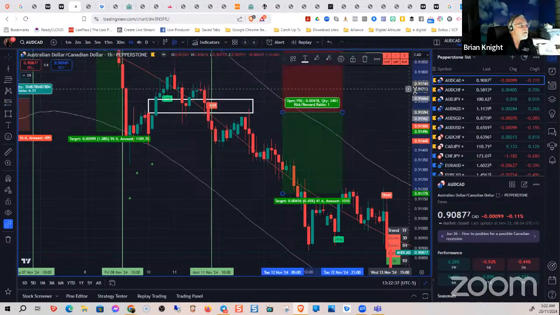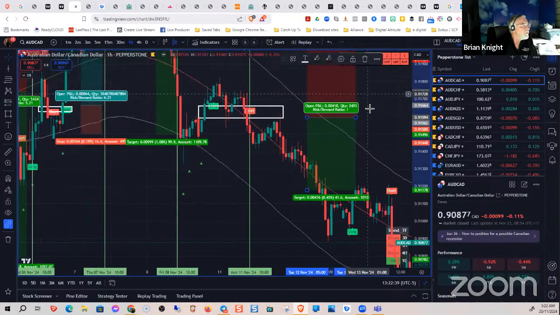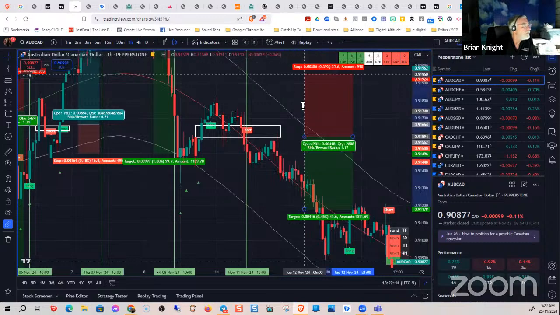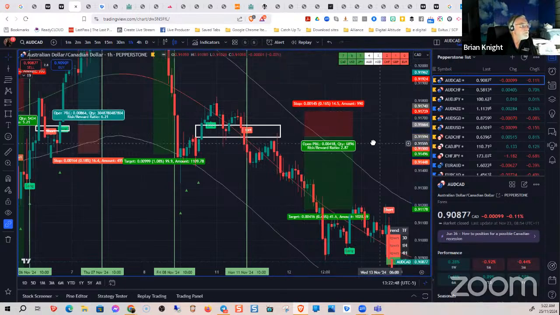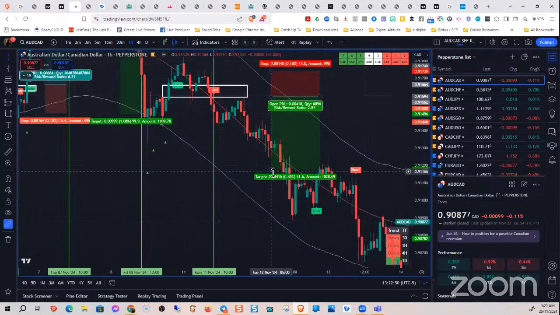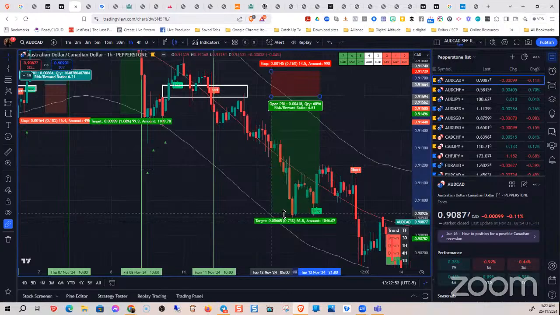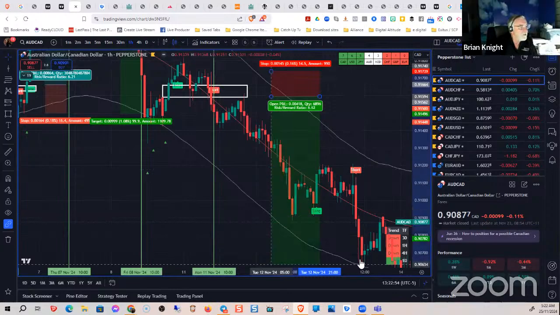You probably would have your stop at the top of that candle above the short. And potentially, it'll just keep going to there.